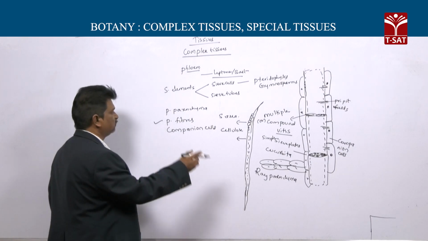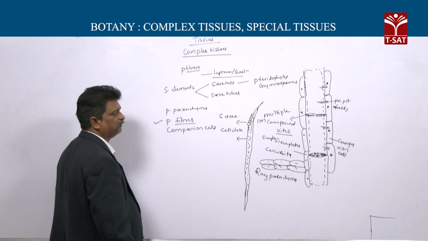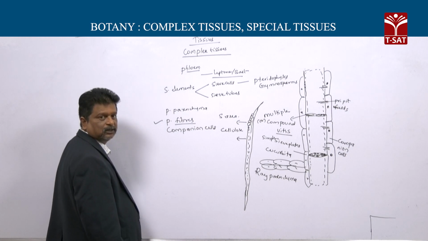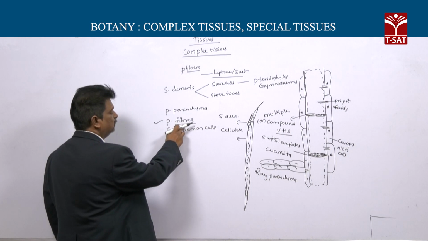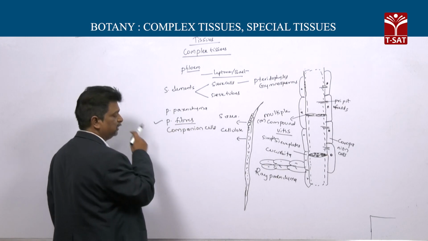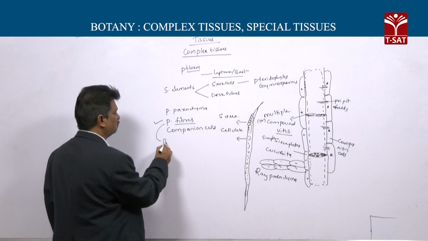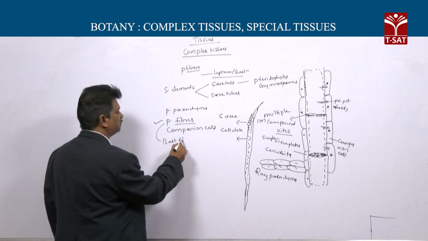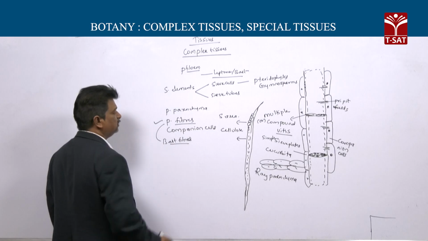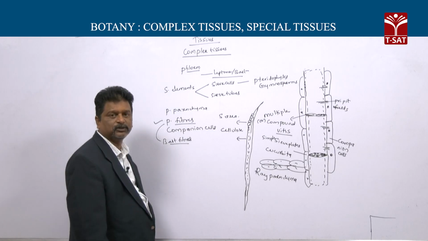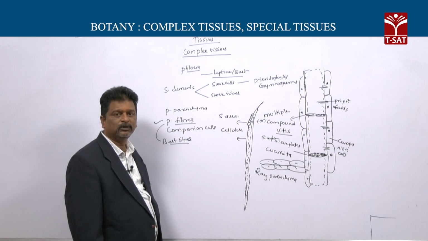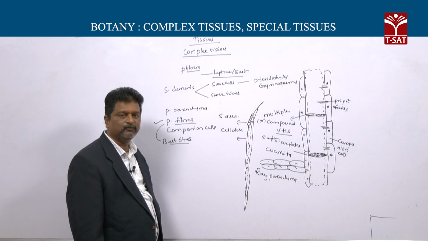Then the last one, phloem fibers. Phloem fibers are dead cells, sclerenchymatous. Phloem fibers are also called bast fibers. Generally phloem fibers are absent in primary phloem, present only in secondary phloem.